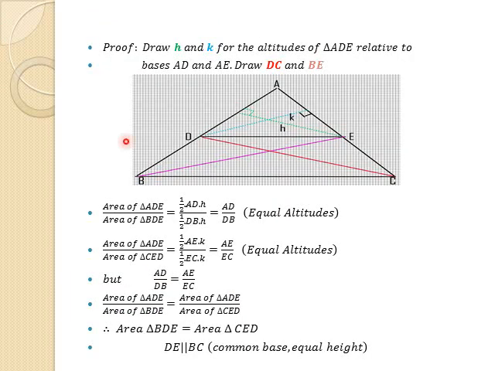Right, so for the proof, we're going to draw H and K for the altitudes, again H and K, and we're going to draw DC and BE. So again, I can go area triangle ADE over triangle BDE, so I want this as a base and that is my base. That gives me half AD times H and half DB times H. Again, half and half cancel, H and H cancel, so I'm left with AD over DB.